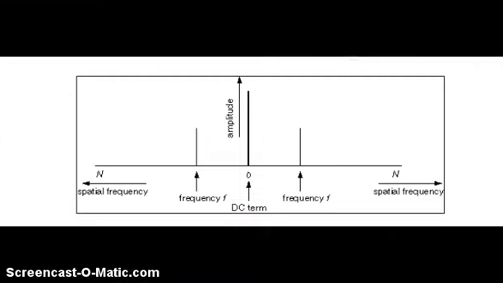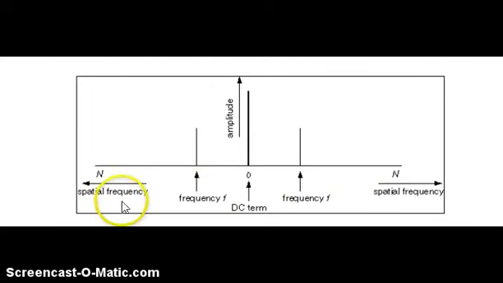So here's another diagram to help show what I mentioned before about the frequencies. Here's your initial frequency, the zero, the DC term, and this would be your first frequency, and then as the frequencies go out, they would just graph here. This is just a representation of the spatial frequency.